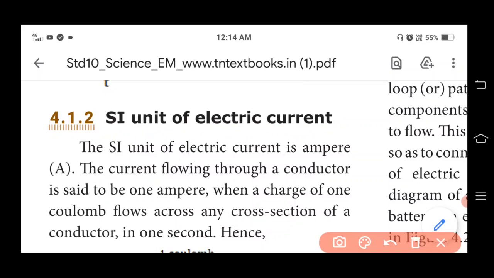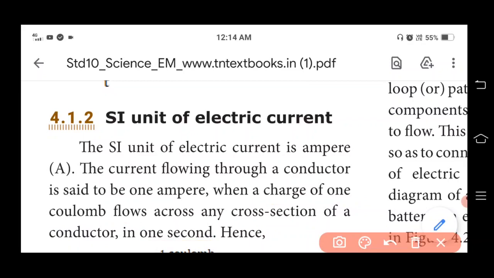The SI unit of electric current is ampere or capital A. The current flowing through a conductor is said to be 1 ampere when charges of 1 coulomb flow across any cross section of the conductor in 1 second.